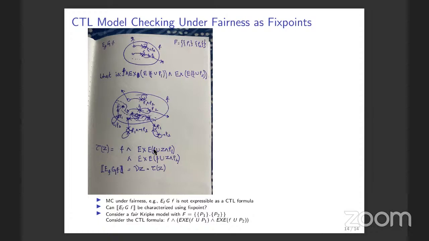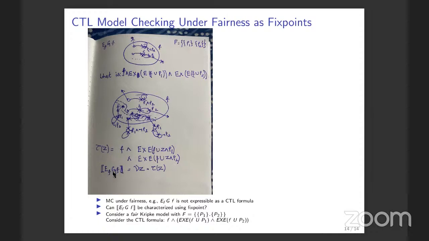Okay, and the fixed point of this would be such that it would have removed all the states that are leading to unfair strongly connected components, and keeps only those which lead to some fair strongly connected components.